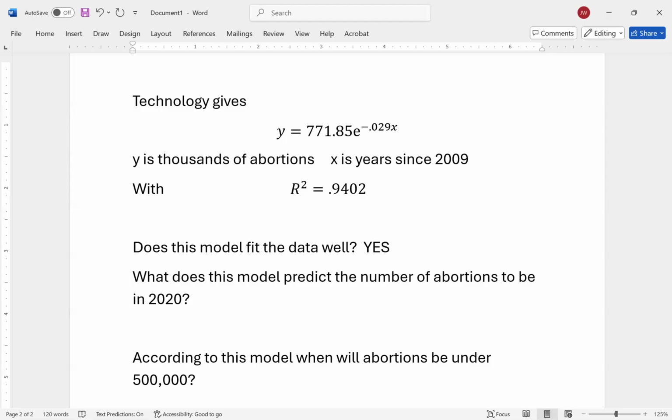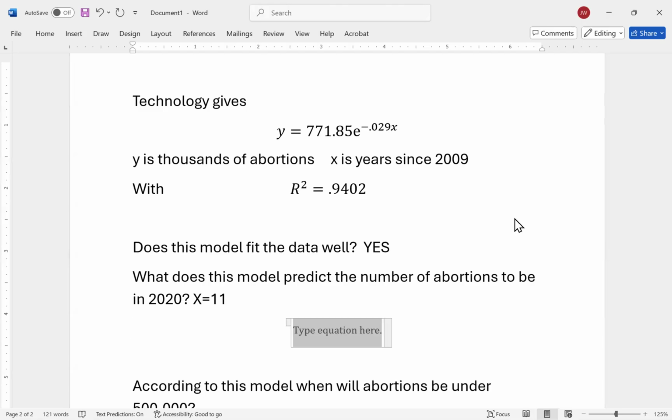What does this model predict the number of abortions to be in 2020? Remember, 2009 is an X value of 0. So 2020 is an X value of 11. I know I wrote that.